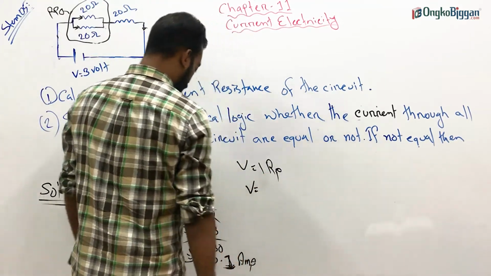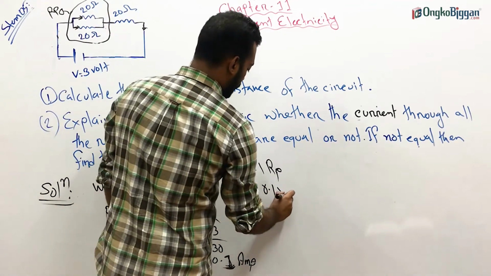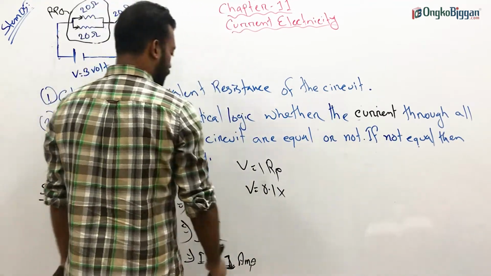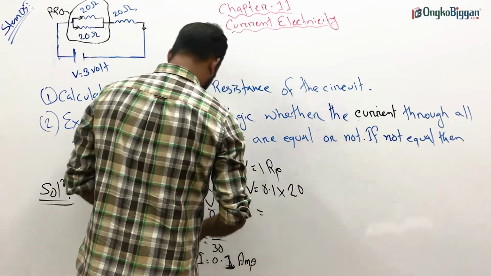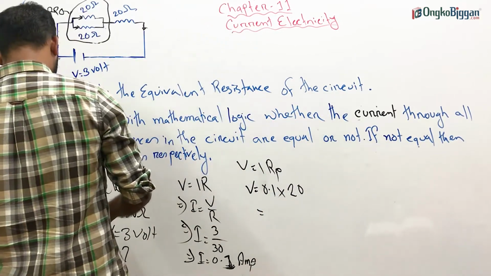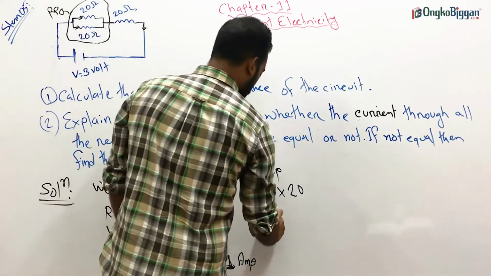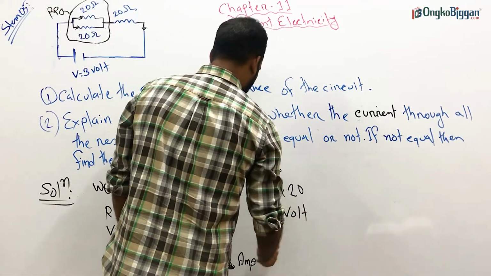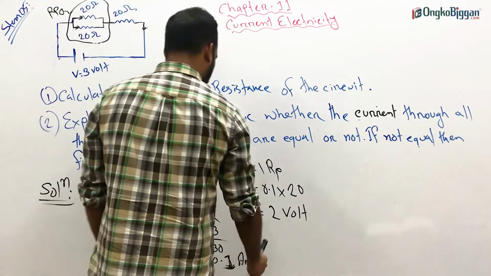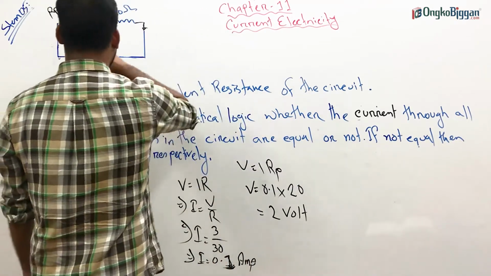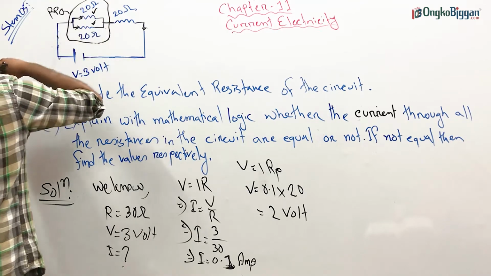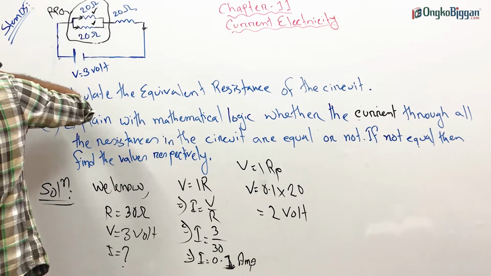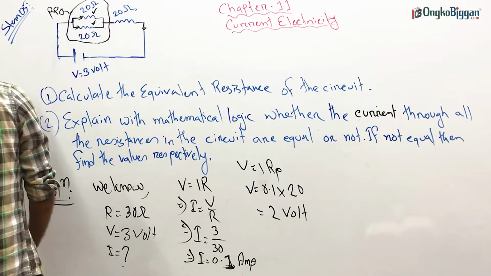So V is equal to 0.1 into Rp, which is 20, so V is equal to 2 volt. By using this V, we can find the current passing through these two resistances.